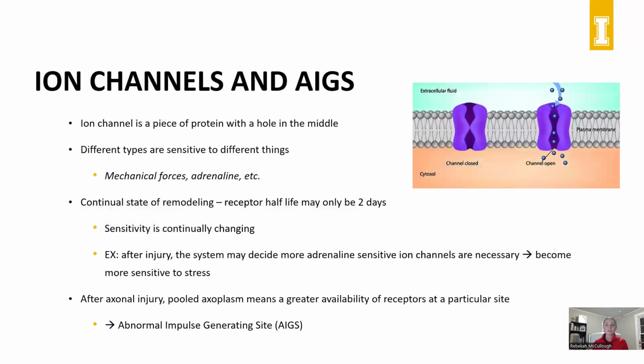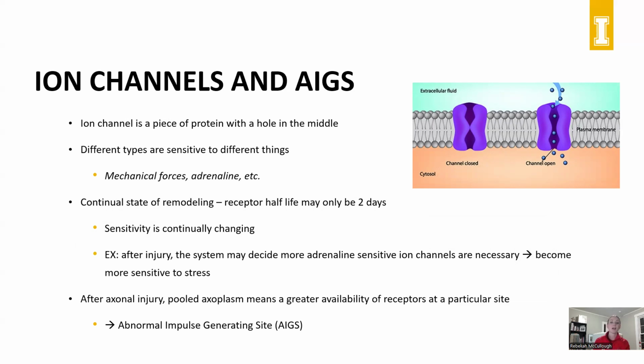It's also important to touch on ion channels, and this ties into those abnormal impulse generating sites that I mentioned on the last slide. So just a brief reminder that an ion channel is just a piece of protein with a hole in the middle, and different types are sensitive to different things.